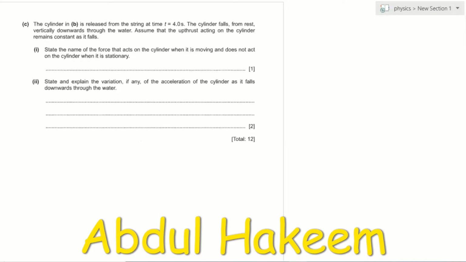The cylinder is moving in the water, in the liquid, and there is a resistance from the liquid. So that resistance is called the viscous force of the fluid, which is also called the drag force of the fluid. It's like the air resistance.